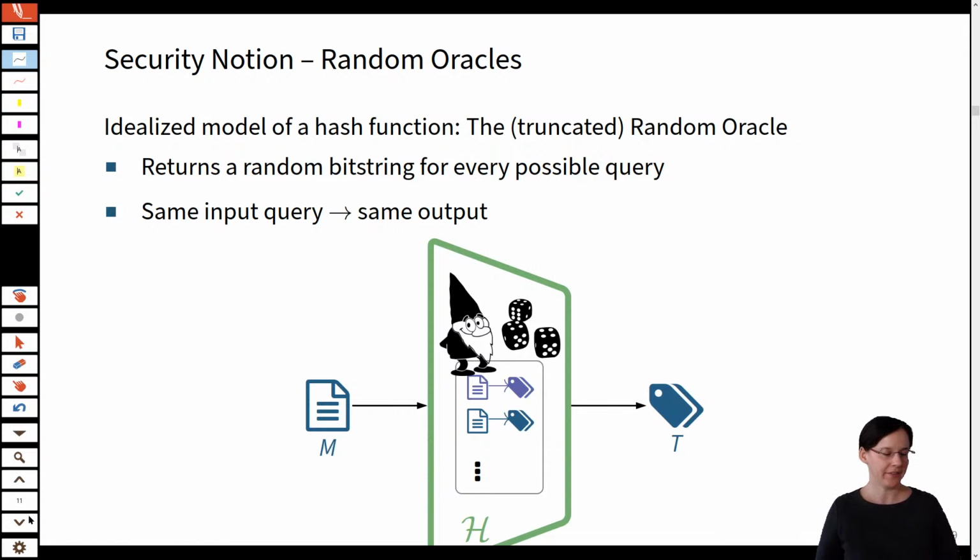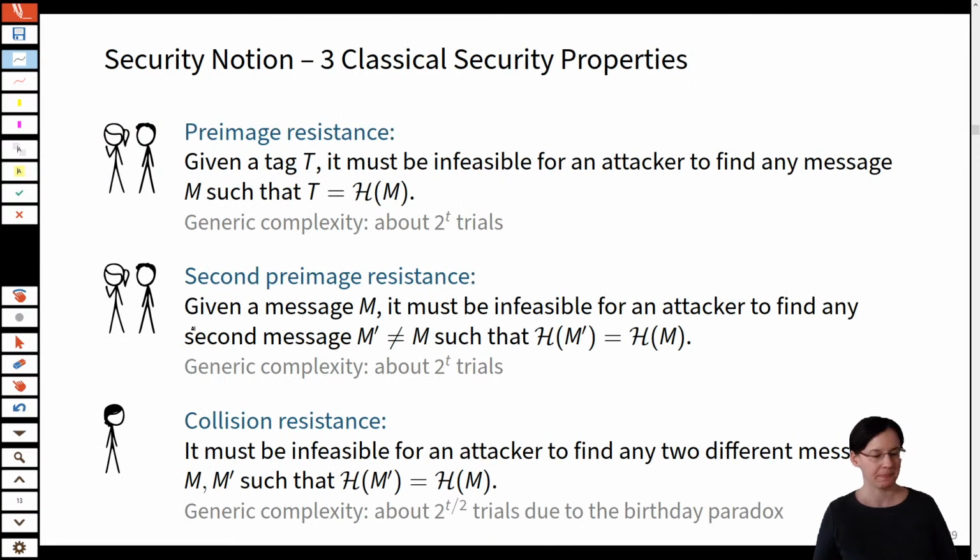More specifically, there are, however, 3 very specific properties that we want the hash function to provide. And these are easier to evaluate than this random oracle notion. Namely, these are the following properties. So 3 classical security properties. The first 2 are properties that are relevant for the receiving end of the hash function.